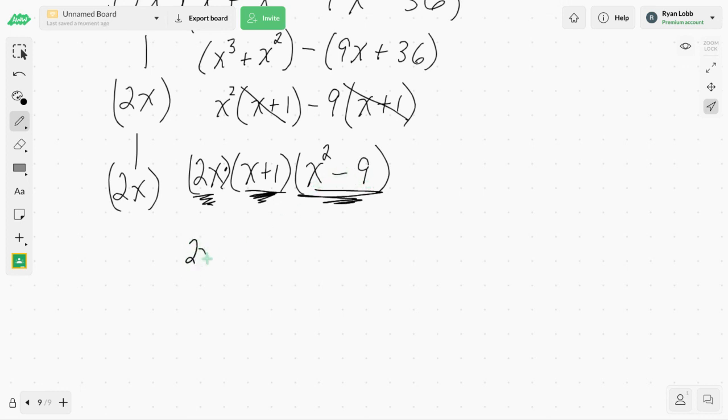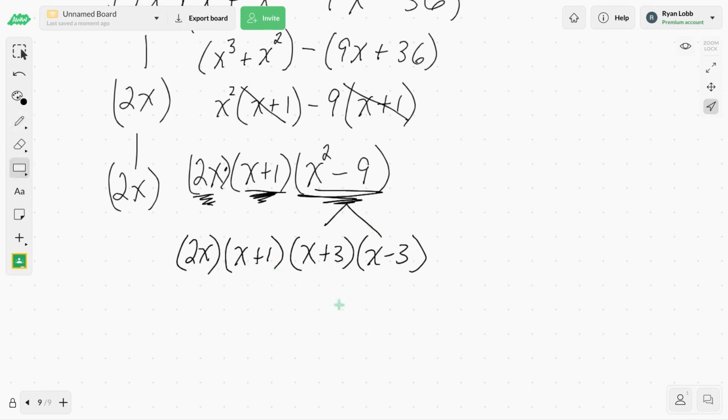So now I'm going to have 2x times x plus 1 times x plus 3 times x minus 3. So that factors into that. Now, every one of these factors can't be factored anymore. That's now done.